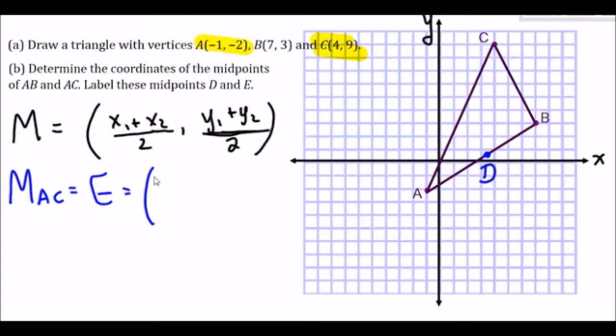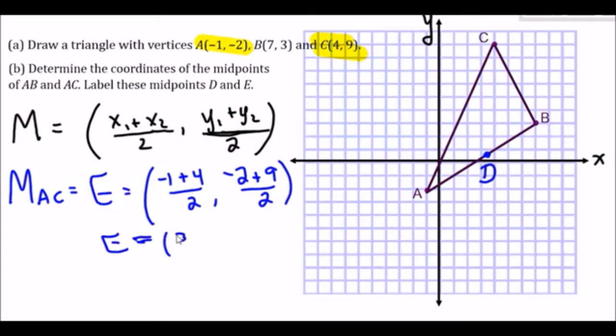Okay, so I need x1 plus x2 divided by 2, and y1 plus y2 divided by 2. And when I do the math on this, I'm going to get negative 1 plus 4 is 3, so 3 over 2, and then negative 2 plus 7, okay, so 5 over 2.